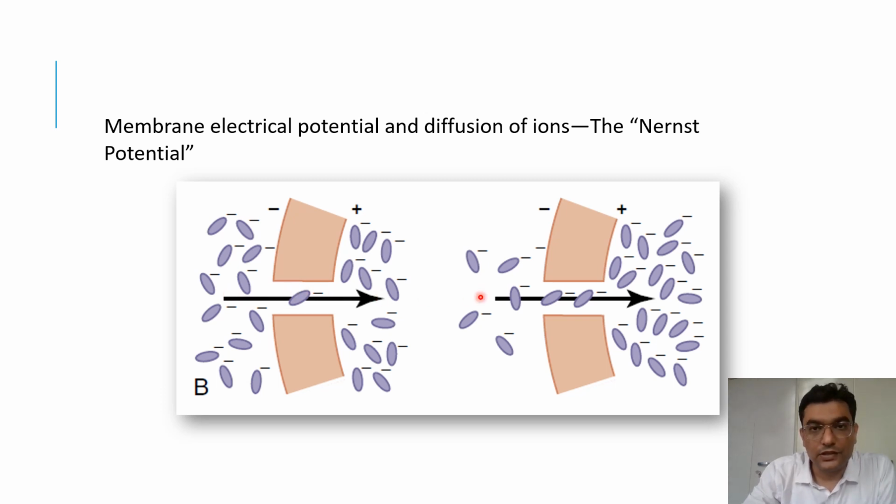But after some time, when a large quantity of negative ions has moved inside and the concentration difference rises high enough, these two forces, the concentration difference and the membrane electrical potential difference, balance each other. After that, the movement of ions goes into the equilibrium phase.